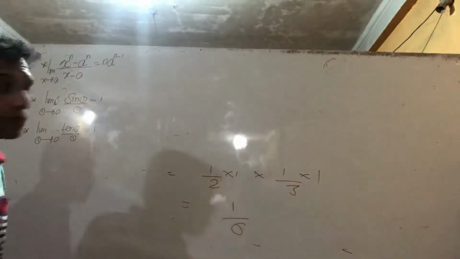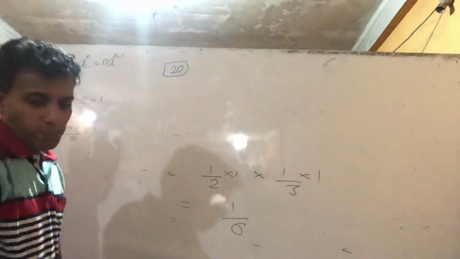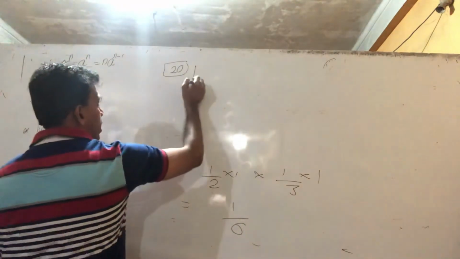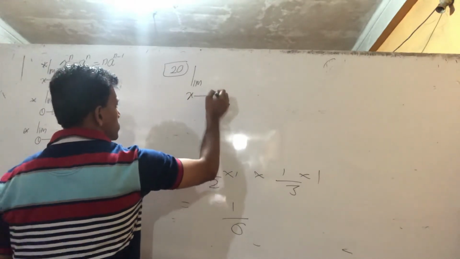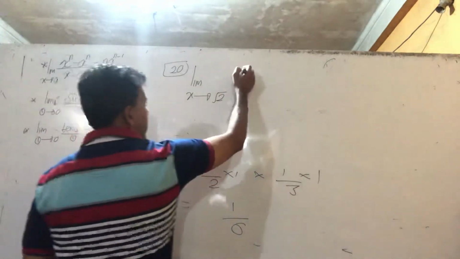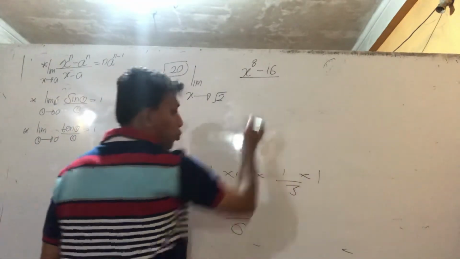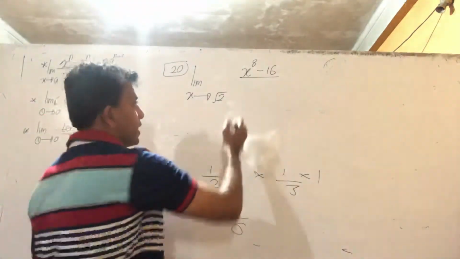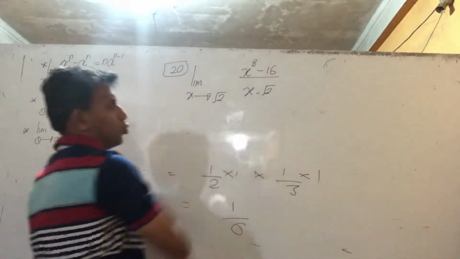Next, 20th problem. Limit x tends to square root 2. X approaches square root 2. X to the power 8 minus 16 over x minus root 2. X minus root 2.